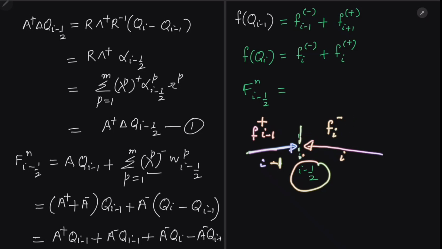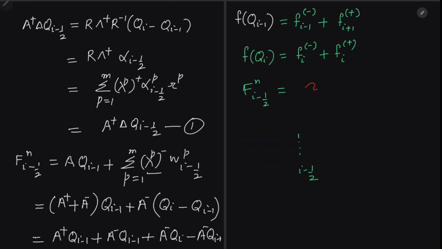So at F at i minus 1 half, the contribution is due to the plus sign and the negative sign at the respective cells. So this becomes the positive flux at i minus 1 half: we have F positive at i minus 1, and then F negative, and the flux is at i.